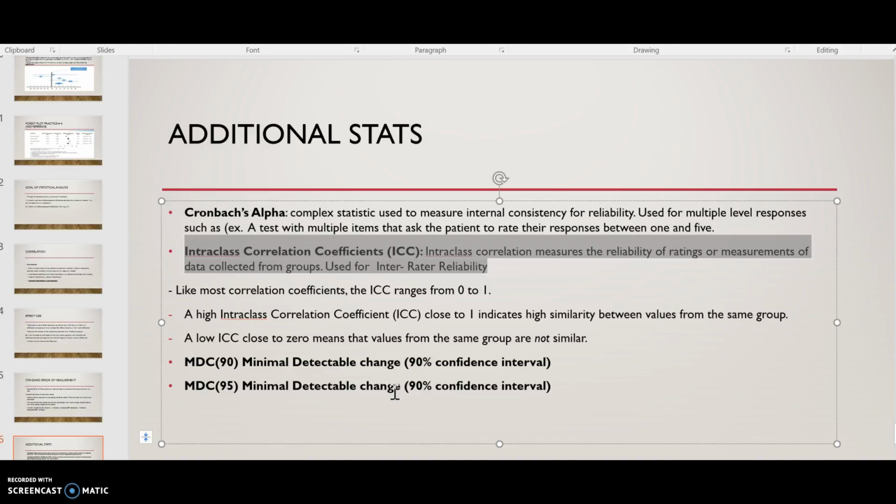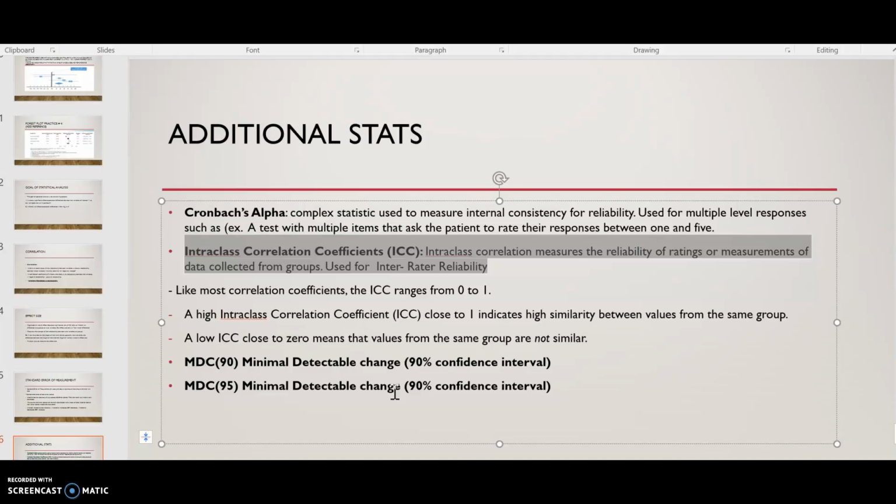So early in the article, they said that for the DASH, the MDC was 10.7%. So in order for a change to be determined as statistically significant, the patient has to have a change from the first time doing the assessment to the next time of a 10.7% change.